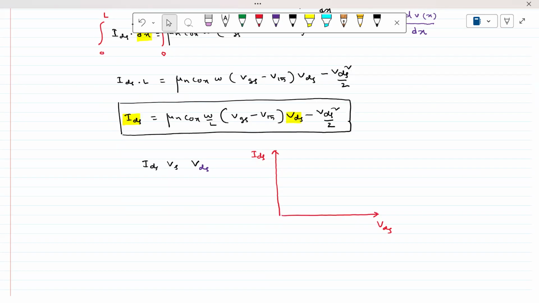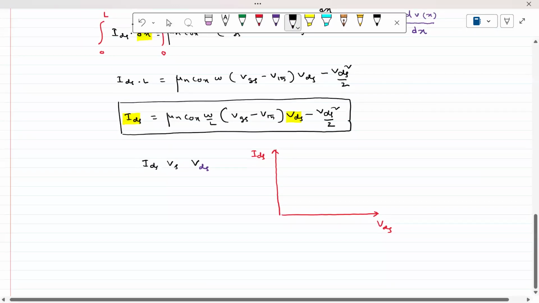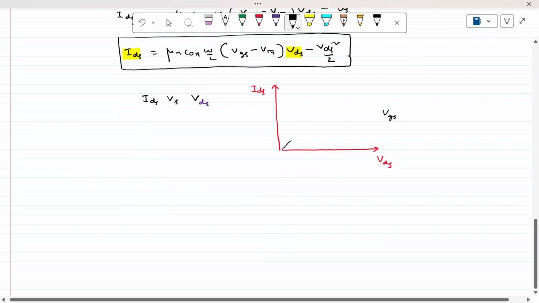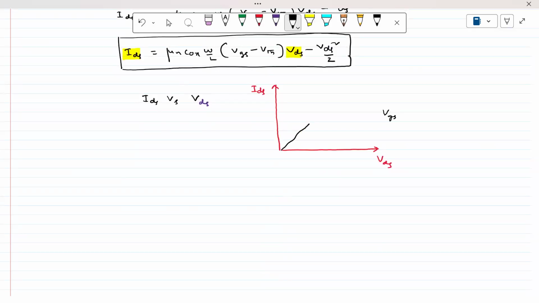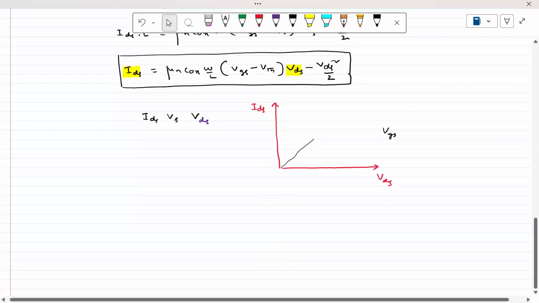If we keep on increasing the VDS value at a particular value of VGS, then it is linearly increasing the current. It's a linear increase. So as we keep on increasing the VDS value, IDS also will increase in the same way.